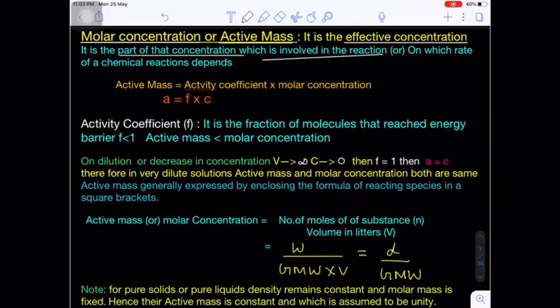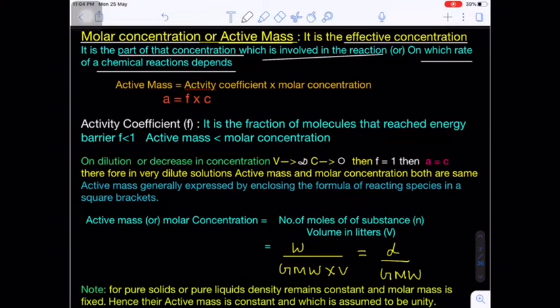The part of the concentration of a species which is involved in the reaction. That means the part of the concentration on which the rate of a chemical reaction depends is nothing but the active mass or molar concentration.